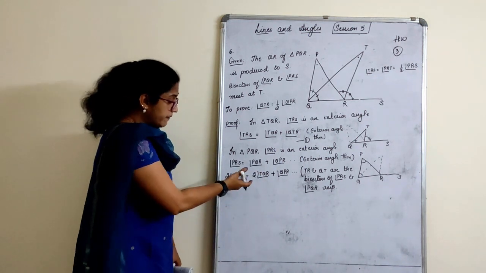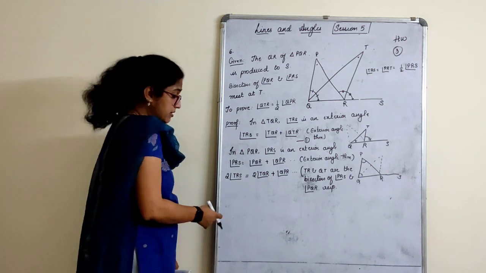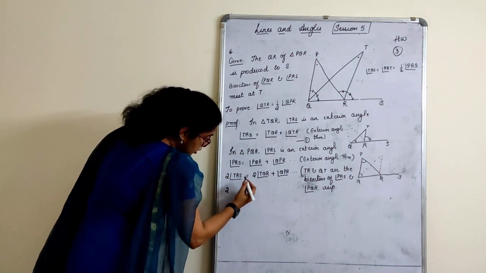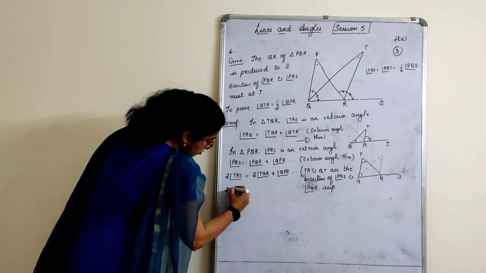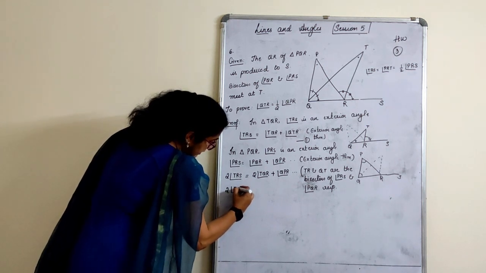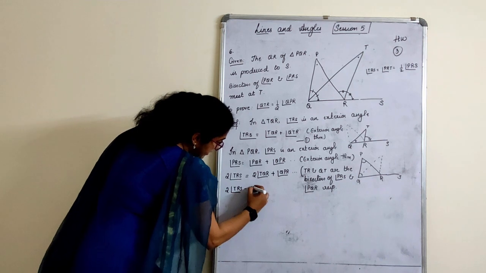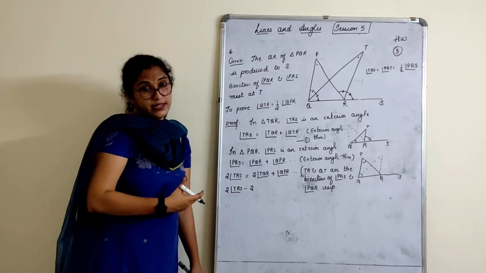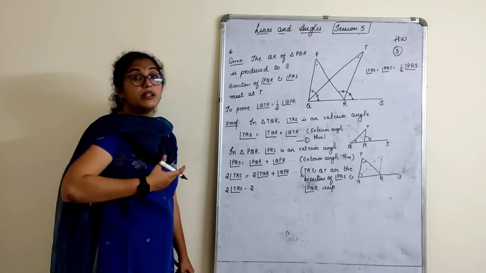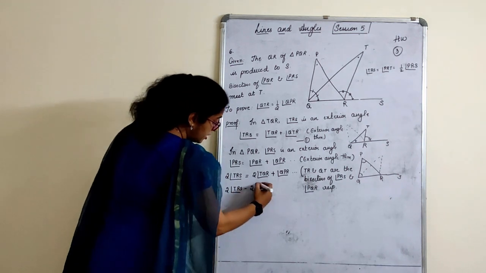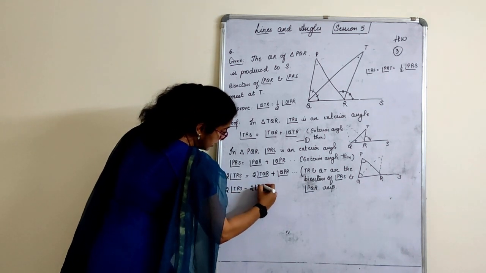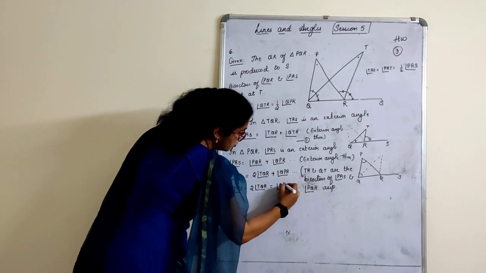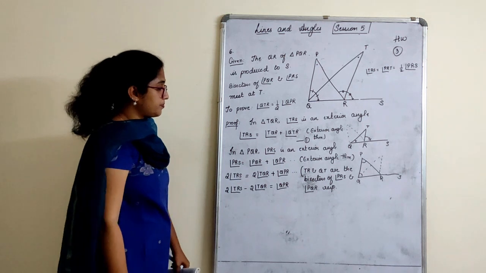Now with this only we will get the answer. Bring this 2 times here. 2 of angle TRS minus, now how do I know? I have to take 2 this side, I have to subtract this side. That's again by practice, children. You will know what you have to approach next. 2 times angle TQR is equal to angle QPR as it is.